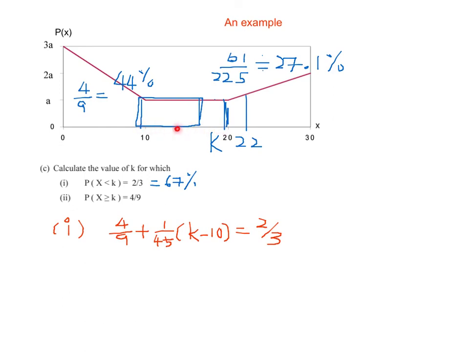We do not know where it is, so we put k minus 10. If you simplify this, you will be able to find that k is equal to 20.